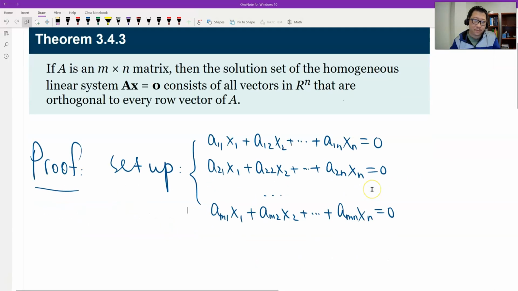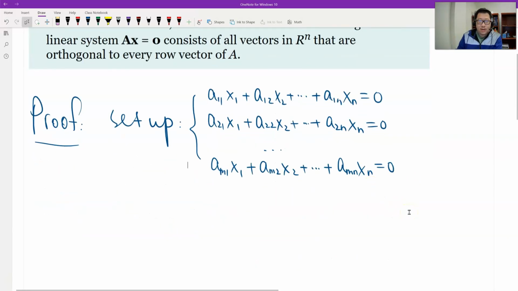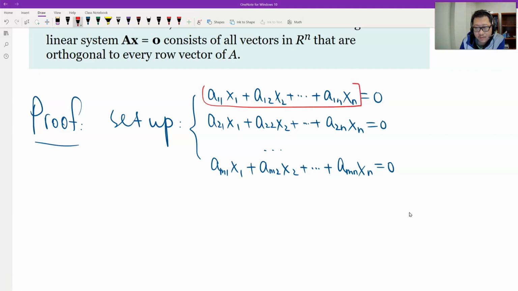Now, what does the first equation mean? We only look at this part: the sum of products. A sum of products means a dot product. x1, x2 to xn is a vector.